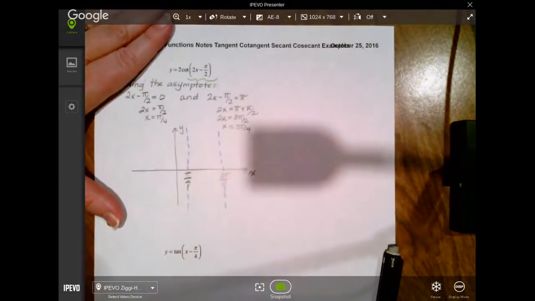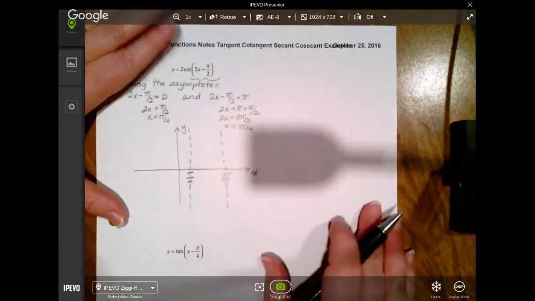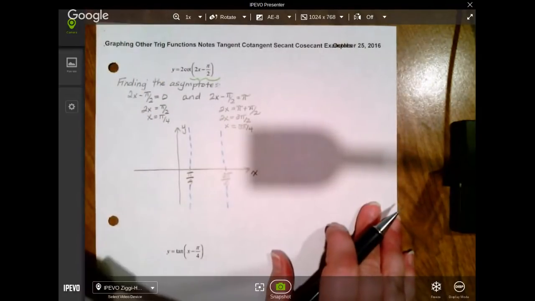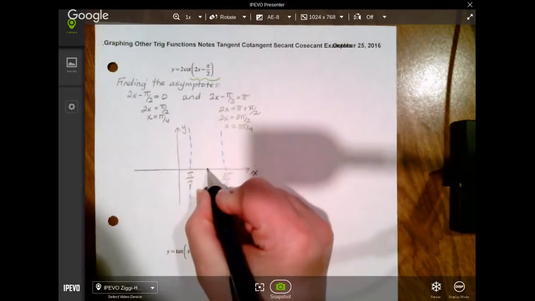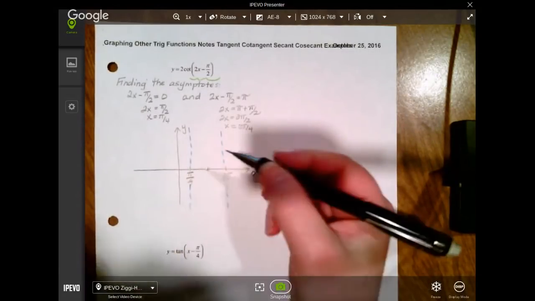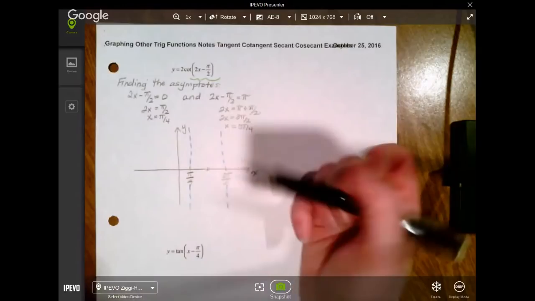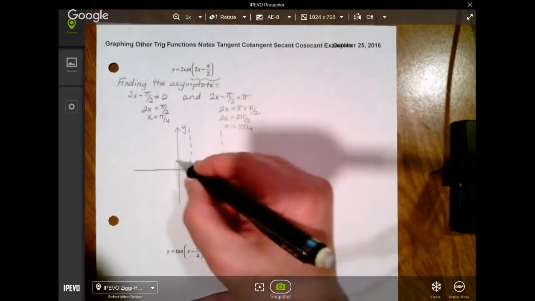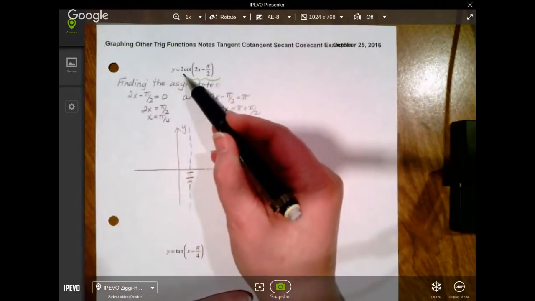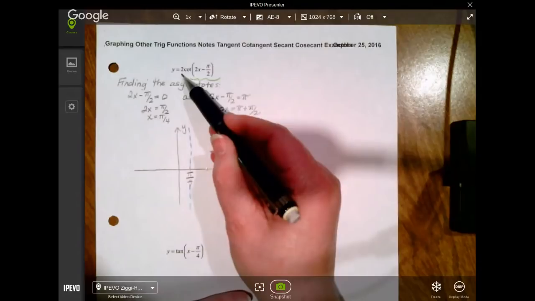All right. Now, like I said, cotangent is very symmetrical, and so in the middle, I'm going to have my x-intercept because I don't have a vertical shift up here. And this is a cotangent function, and so it's going to have an amplitude of 2. So when cotangent is equal to 1 or -1 now, we're going to multiply that by 2.